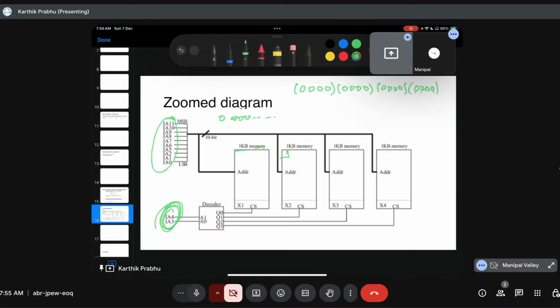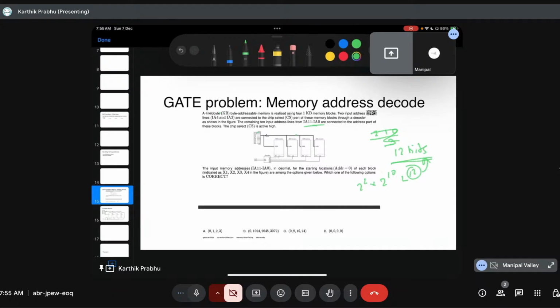This would definitely go into the first location of one of these memories. So according to this question, it would be a starting location.